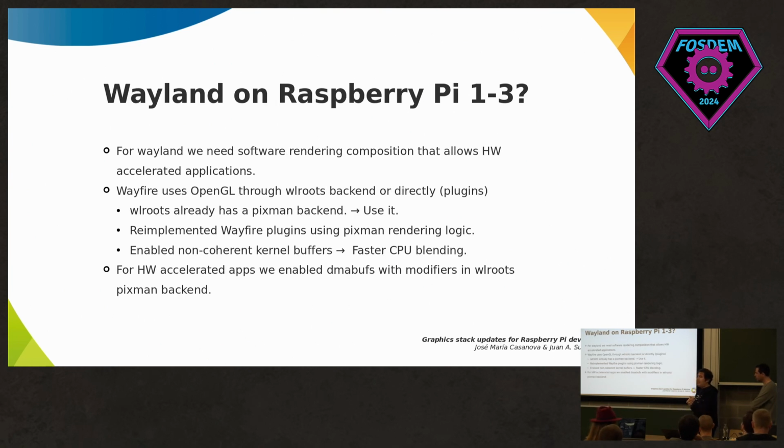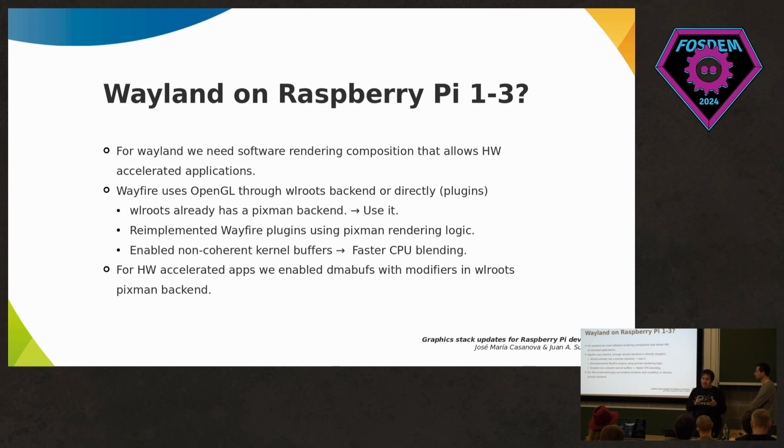So, well, when we were about to release Bookworm, we were transitioning to Wayfire as the desktop compositor. What can we do for the older generation devices? Well, we need to rethink how we solve the previous problems with the X server, now with Wayfire. So we need to do software rendering composition using the CPU, and we would like to allow hardware accelerated applications again.